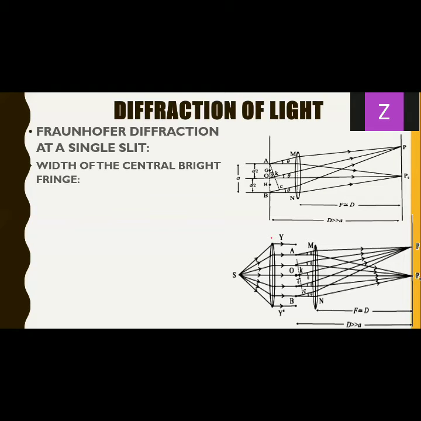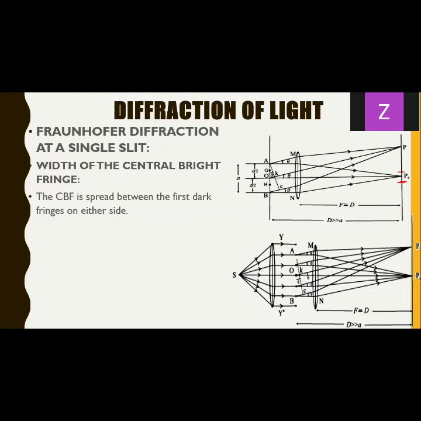Now, in case of the central bright fringe, this generally is spread between the first dark fringes on either side. This means if we are considering point P, the central bright fringe is formed, and it will be spread in the upward direction and at the same time in the downward direction as well, on the screen.